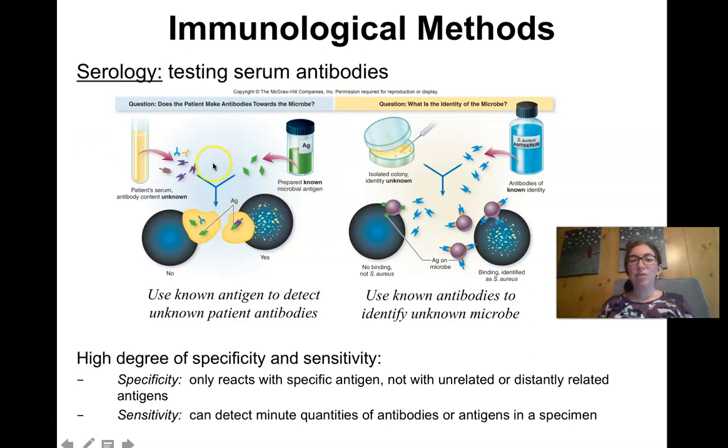So you can use it to test the patient's antibodies using known antigen, or you can use it to test the patient's antigens, the microbes, using known antibodies. But both of these are very simple, very quick, rapid tests, and they're very sensitive. Antibodies are very sensitive for microbes, so even a small number of antibodies can cause this agglutination or clumping.